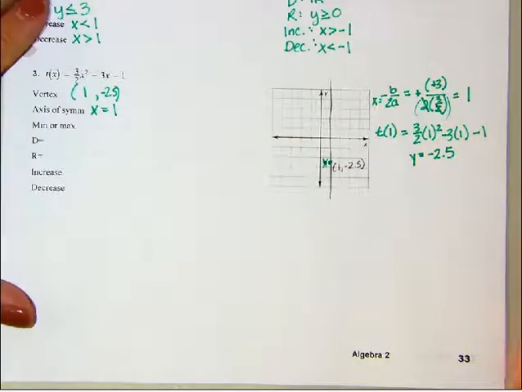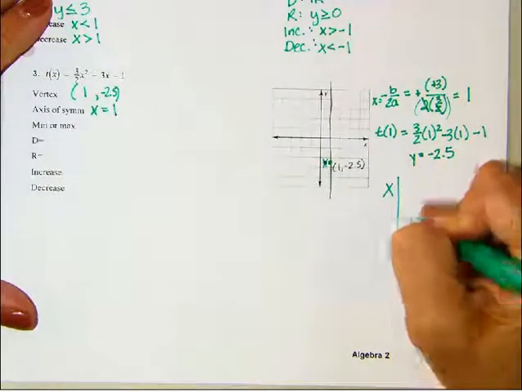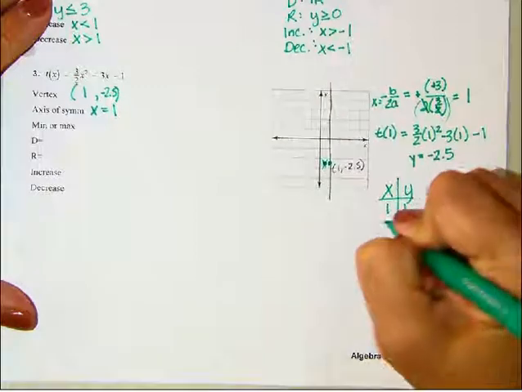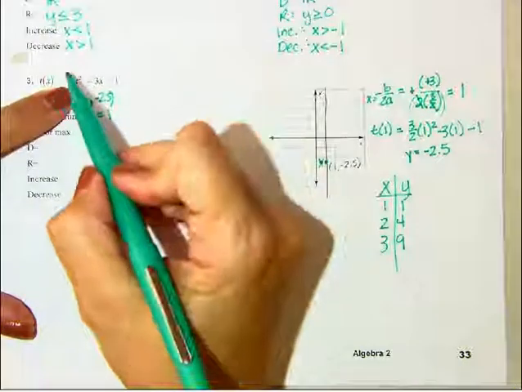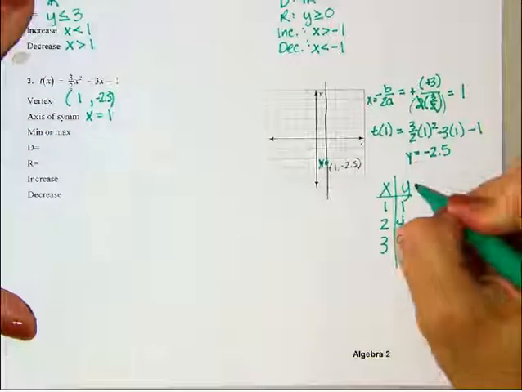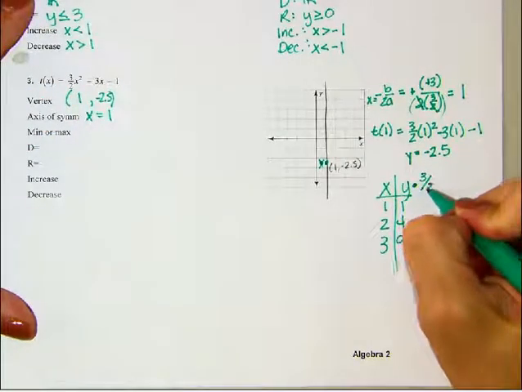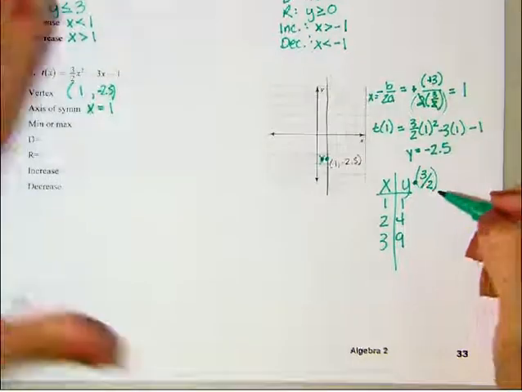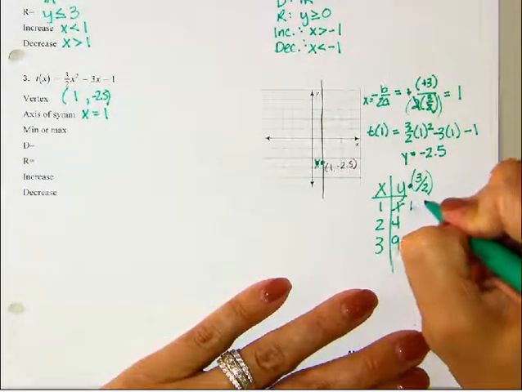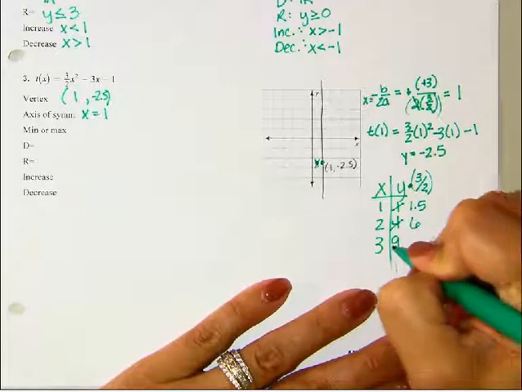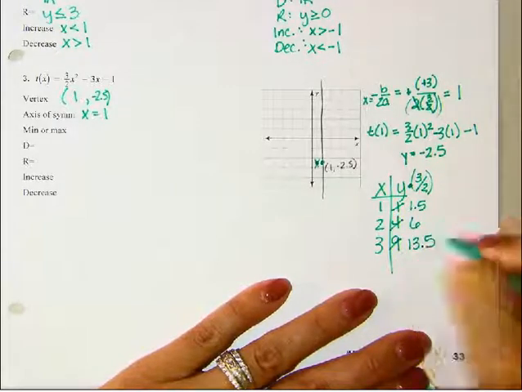Now if I graph this, the points to remember were 1, 1, 2, 4, 3, 9. And I do have an a in this case. It's 3 over 2. So I'm taking that y and multiplying it by 3 over 2. I write them as decimals, because I find decimals easier to graph. So this becomes 1.5, this becomes 6, and this becomes 13.5.